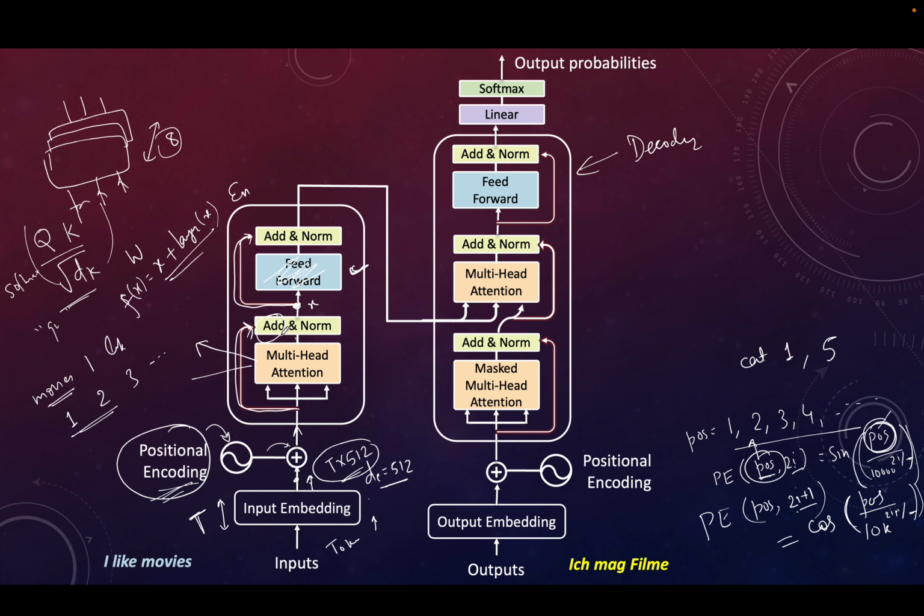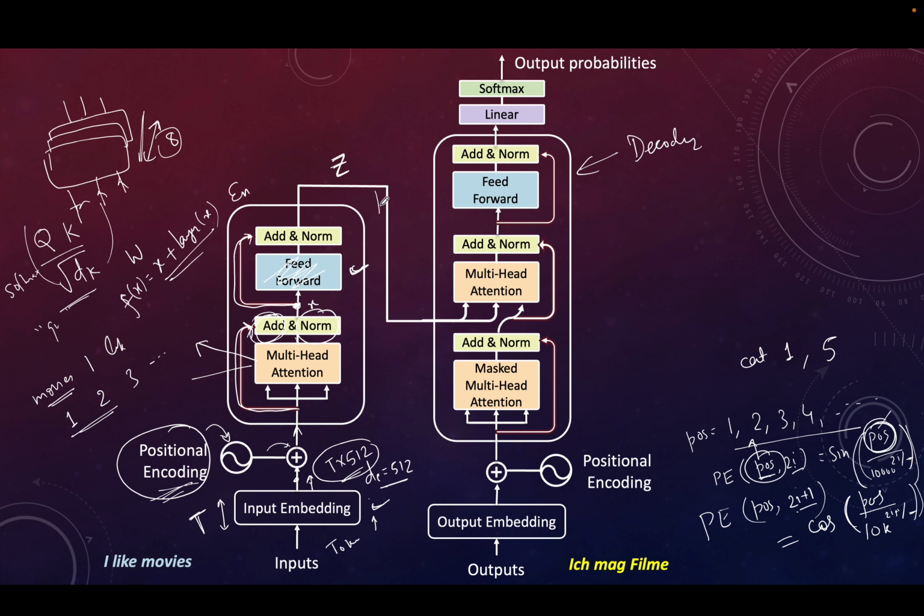So Add denotes that, and then we take normalization. Here normalization means layer normalization, so it will be normalized across different heads. And then it's passed to the feed forward or multi-layer perceptron. And again this skip connection and normalization. And now here we have a meaningful and context aware representation or embedding of this input text.